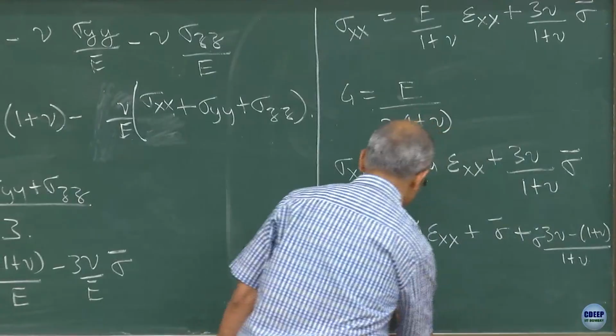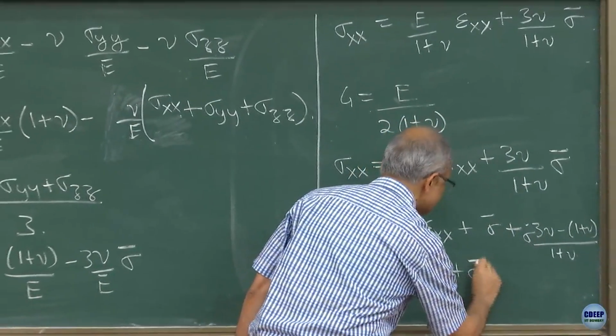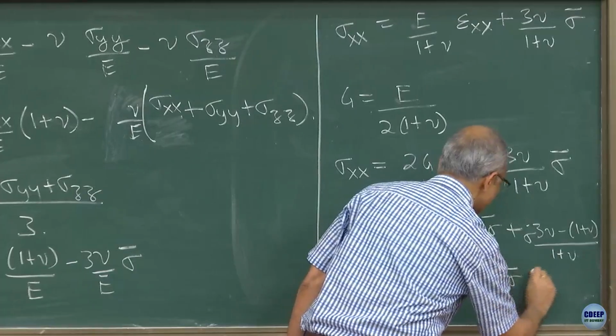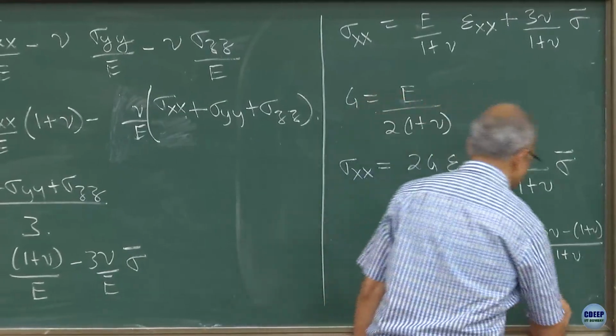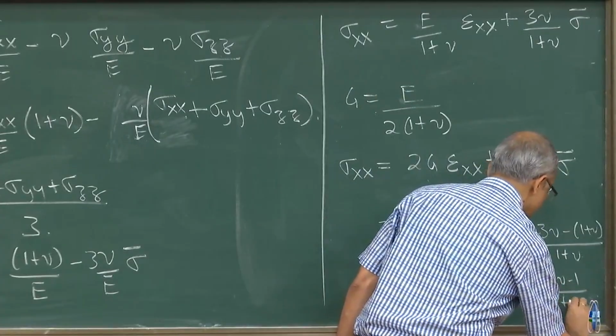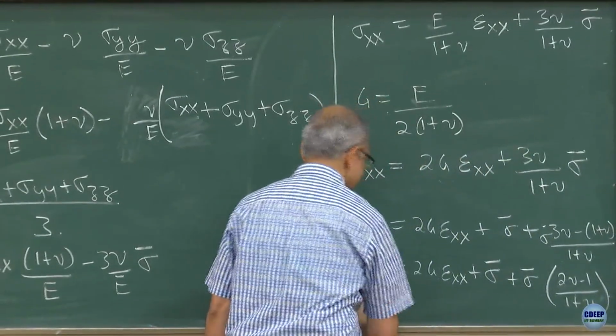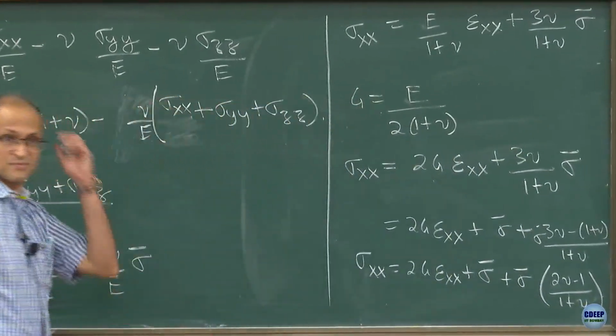So what I'm getting is sigma bar times 2 nu minus 1 upon 1 plus nu. So this is what my sigma xx is. Everybody with me?